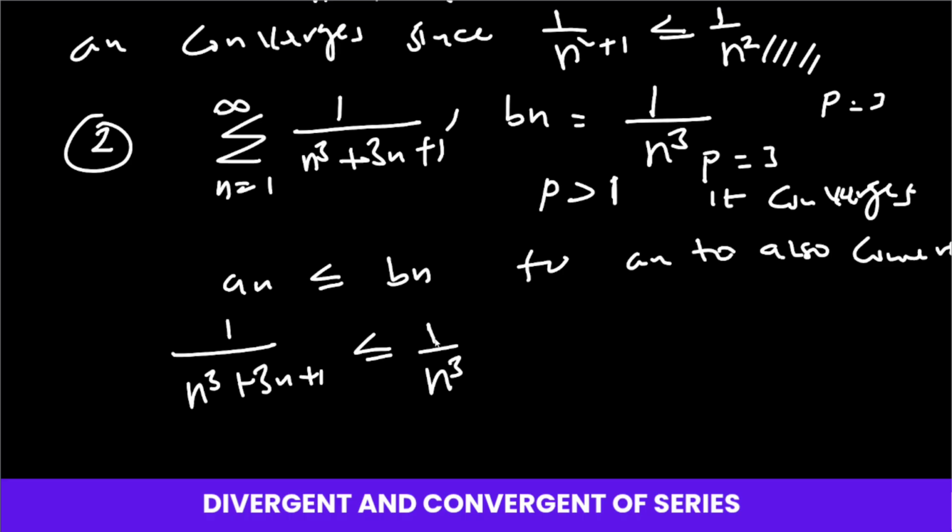But here we are just evaluating n cube alone, so this one will always be smaller than what we have here. Hence we can say that An also converges.